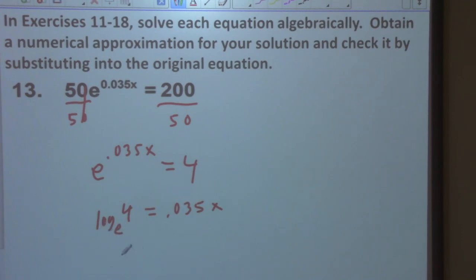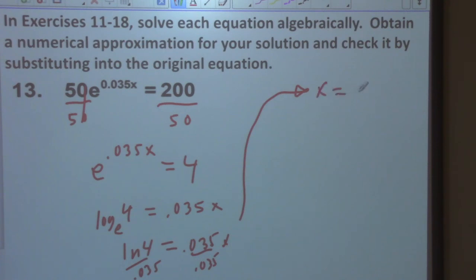So this is equal to ln 4, right? Equals 0.035x. So over here we divide by 0.035. We have x is equal to ln 4 over 0.035. So, a calculator.